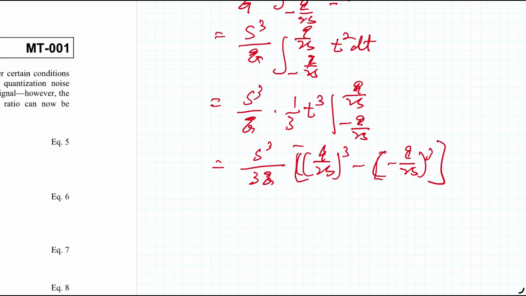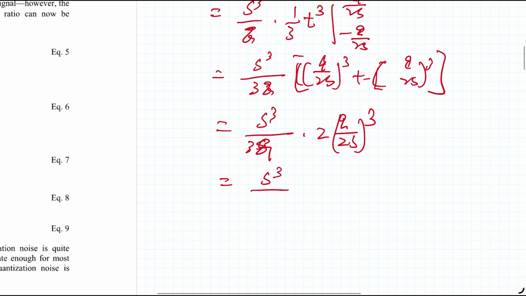This is an odd function, so we can take the negative sign out and turn this into a positive sign. So this essentially is 2 times this term. So it will be s cubed over 3Q and 2 times (Q over 2s) cubed.